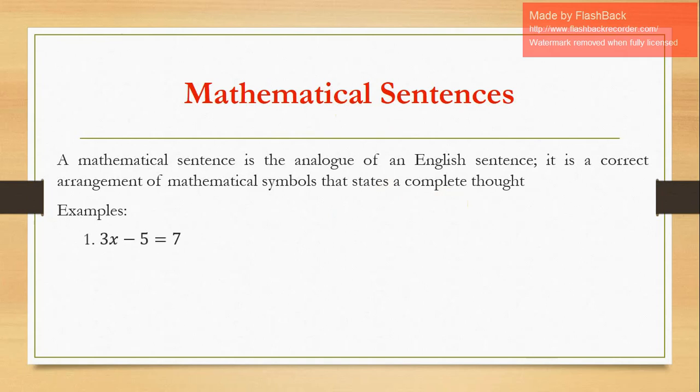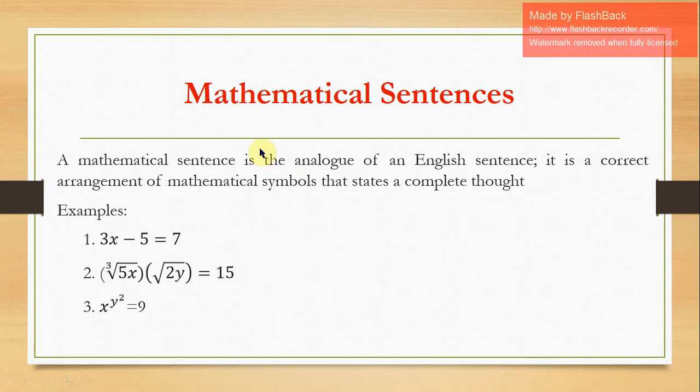Example, 3x minus 5 is equal to 7. 3x minus 5 is equal to 7 is a mathematical sentence. Next, cube root of 5x multiplied by cube root of 2y is equal to 15 is an example of a mathematical sentence. So, x raised to y squared is equal to 9 is also an example of a mathematical sentence.